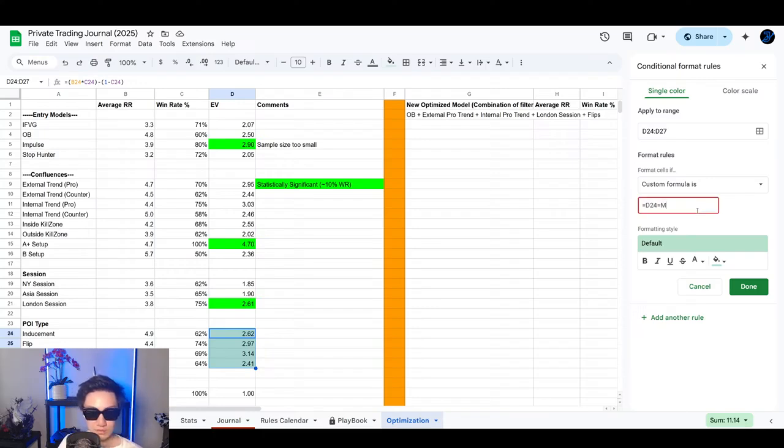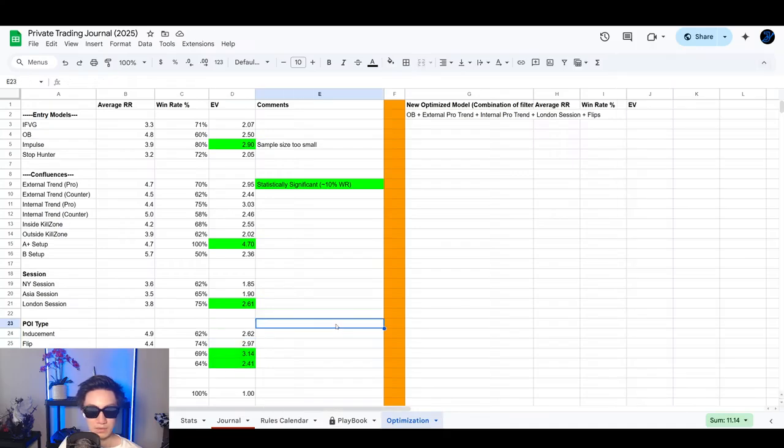D24 was max, D24 to D27. It does highlight two of them. Why would 2.41 be highlighted? That's weird. Unless the calculations here are wrong.